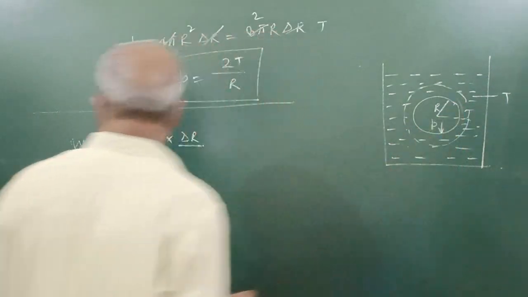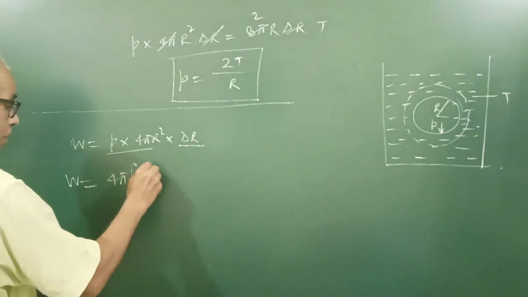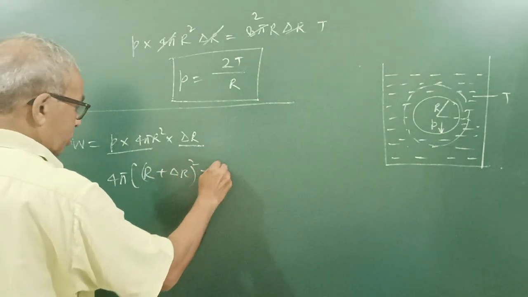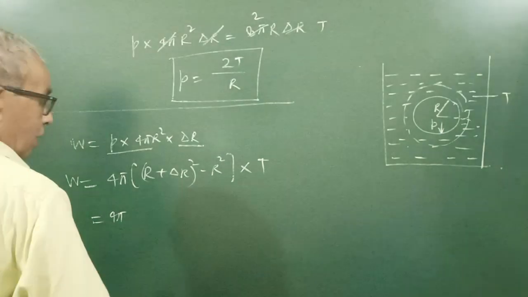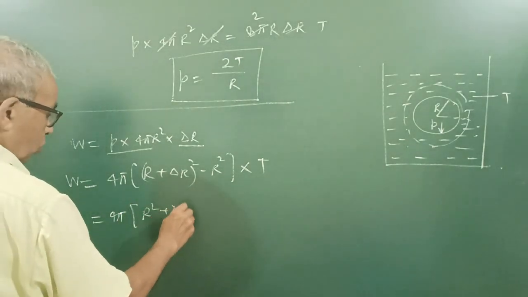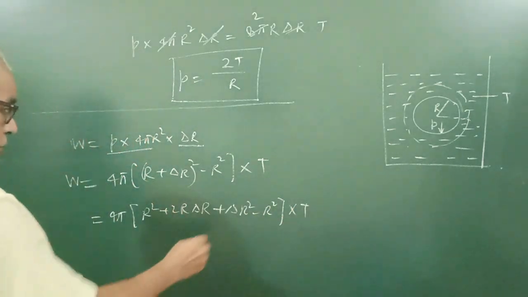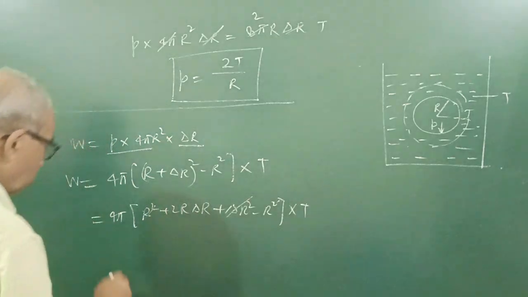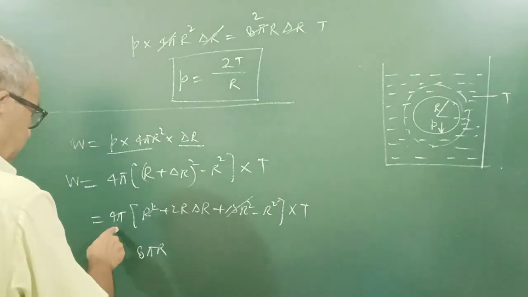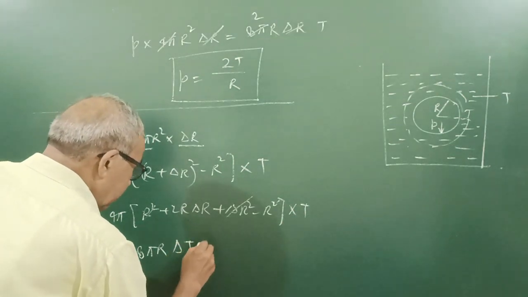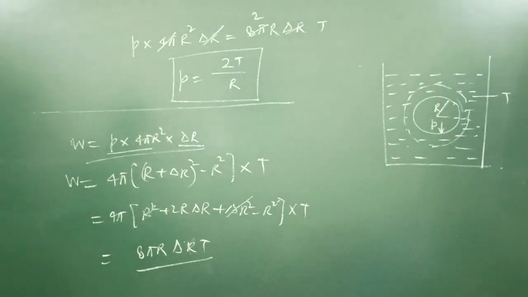Then again the work done due to surface tension for the increase in area is 4 pi, R plus delta R whole square minus R square, into T. That gives 4 pi, R square plus 2R delta R plus delta R square minus R square, into T. The delta R square is negligible and R square cancels, so we get 8 pi R delta R into T. Comparing these two equations, we get the same value, P equal to T by R.